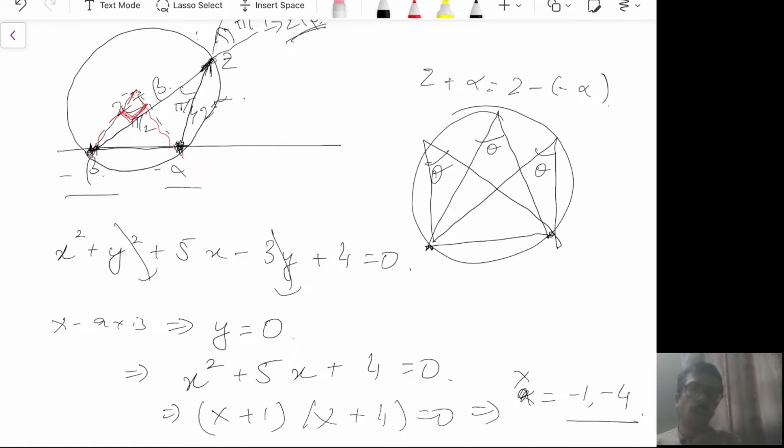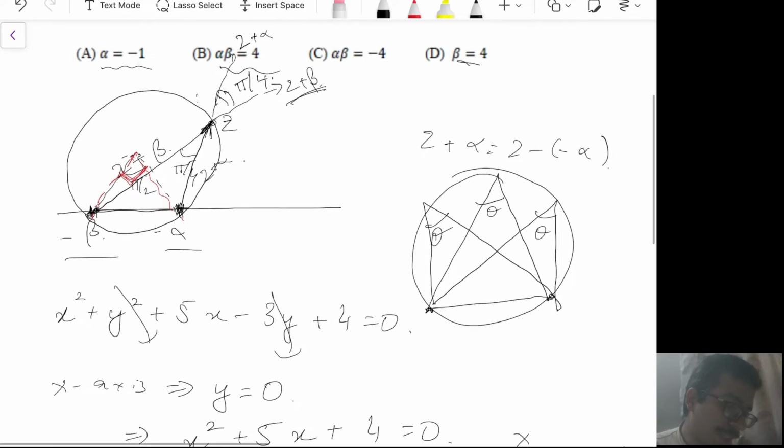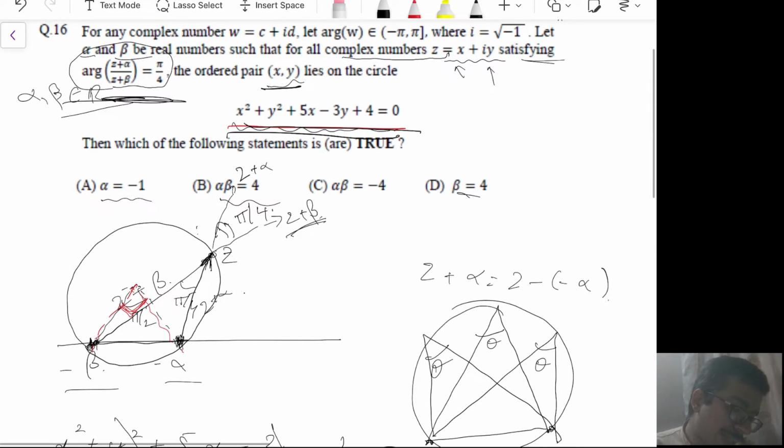And now I don't know which one is alpha and which one is beta, but notice that minus alpha and minus beta are the points lying on the x-axis, and we know that it is z minus alpha which is making an angle in the anticlockwise direction from z minus beta. So z minus alpha, which is z plus alpha, is making a positive anticlockwise angle with z plus beta.